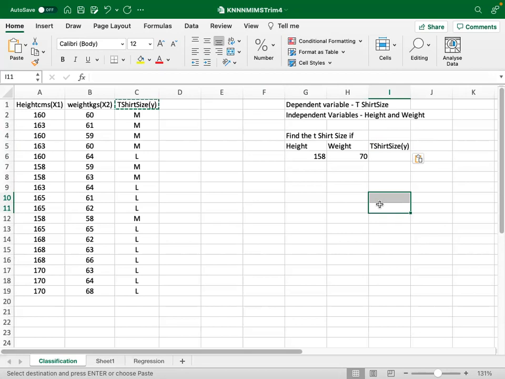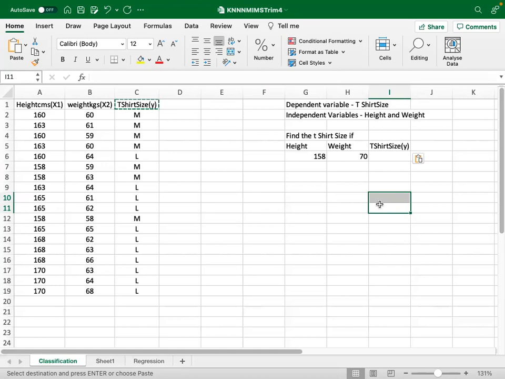Height is in centimeters, weight in kilograms.